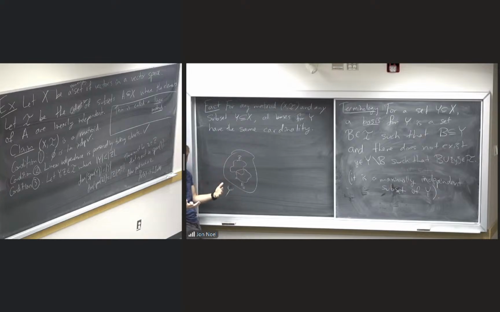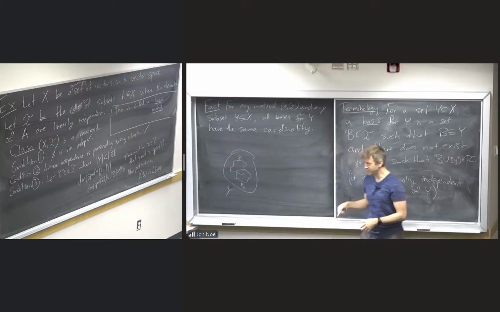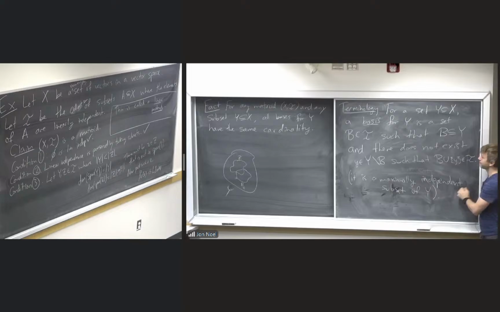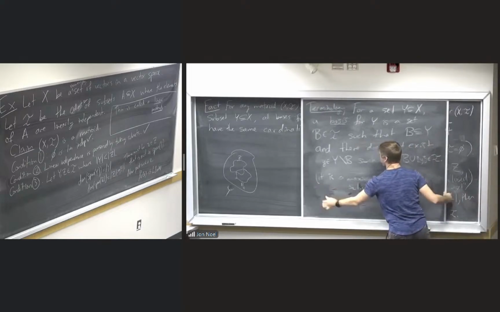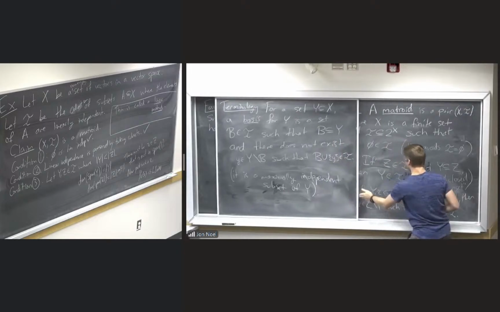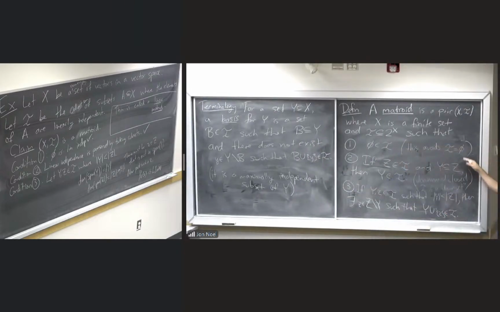So if they don't, then one is bigger, right? How would I use that to get a contradiction? And you have to use the fact that this is a matroid. So suppose B1 is bigger than B2. Any thoughts? Maybe we want to use something on this list of conditions, right?